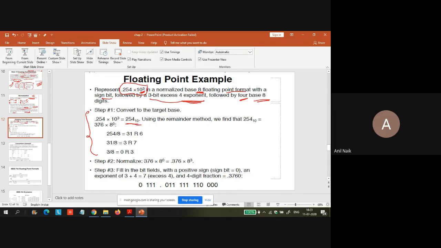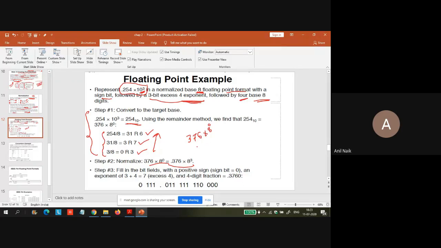For octal, you divide 254 by 8. You get the remainders 6, 7, 3, read from bottom to up. So you got 376 as the remainders, in base 8.